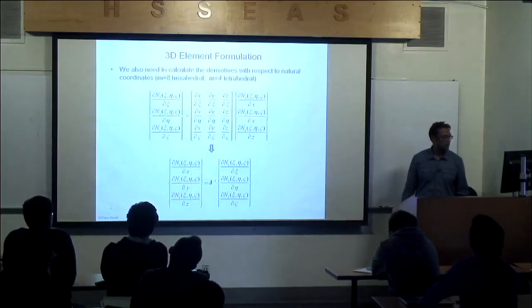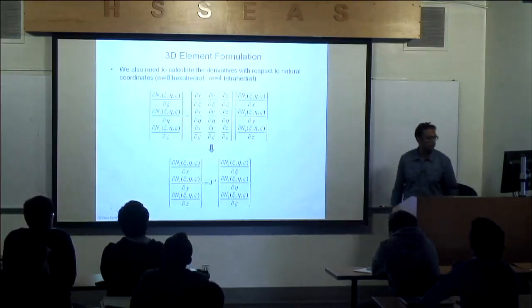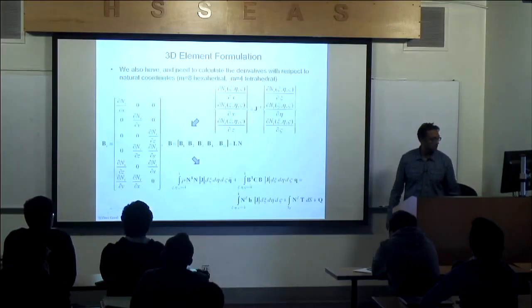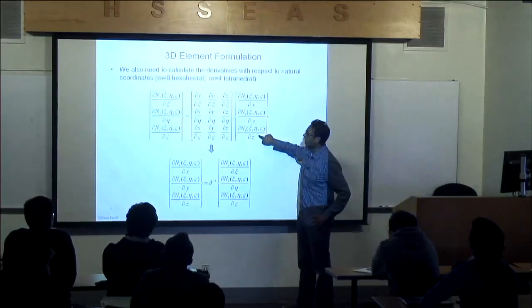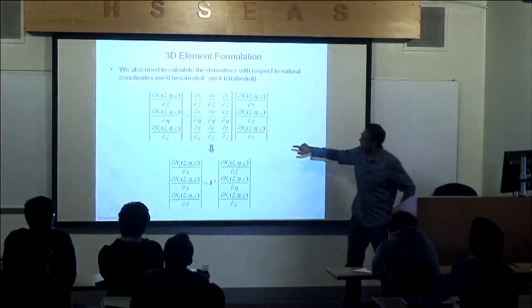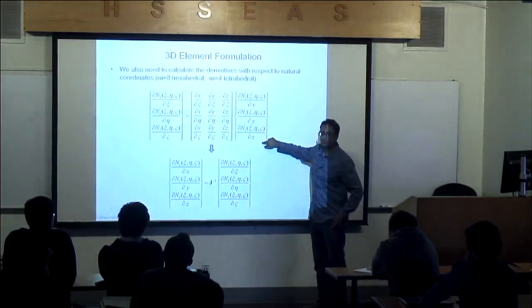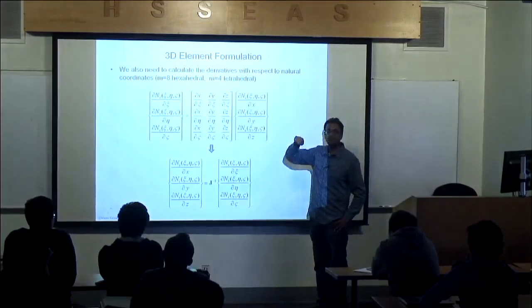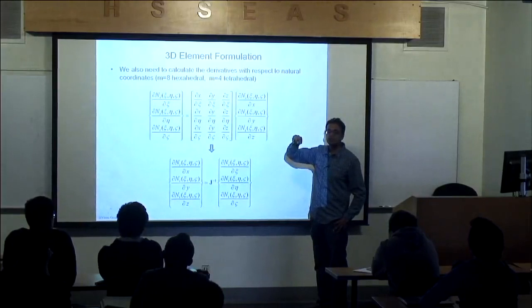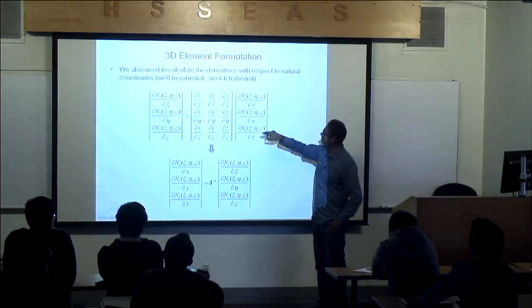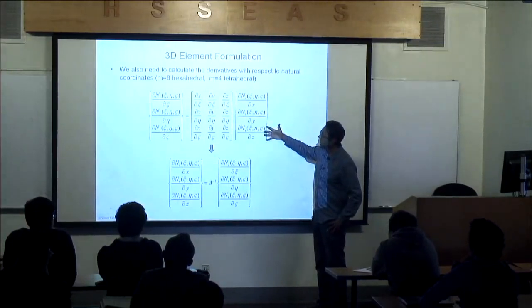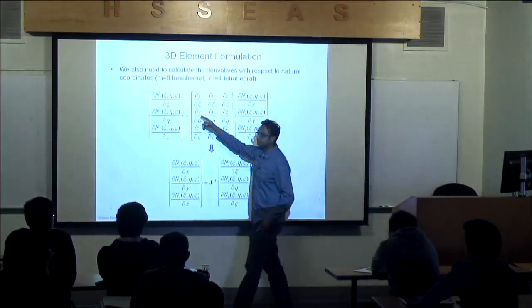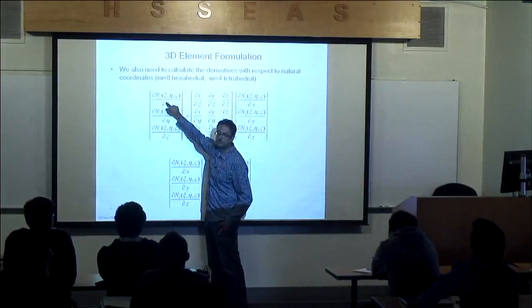I also need to calculate these derivatives at some point. If you remember, these derivatives need to be calculated later on. Remember that L matrix, L bold matrix? That L bold matrix is a bunch of derivatives with respect to x, y, and z. So I need to calculate this as well. And so we're going to use chain rule. Basically, you can see here that that's chain rule.